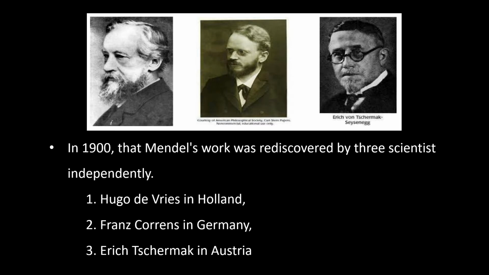In 1900, Mendel's work was rediscovered by 3 scientists independently: Hugo de Vries, Holland; Franz Correns, Germany; and Erich Tschermak, Austria.